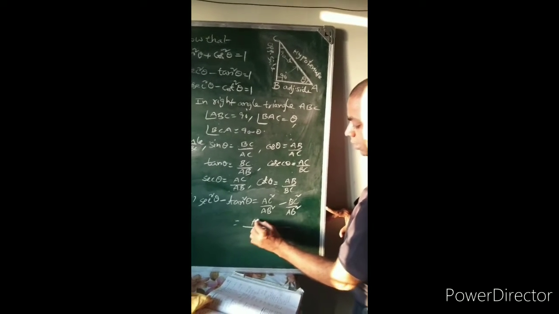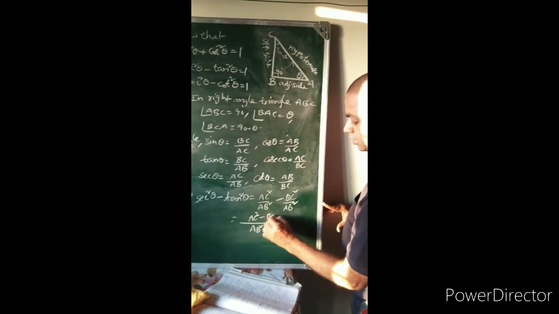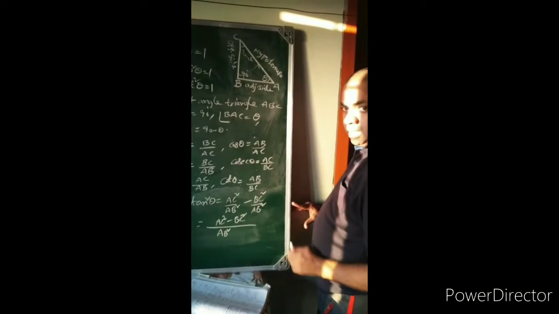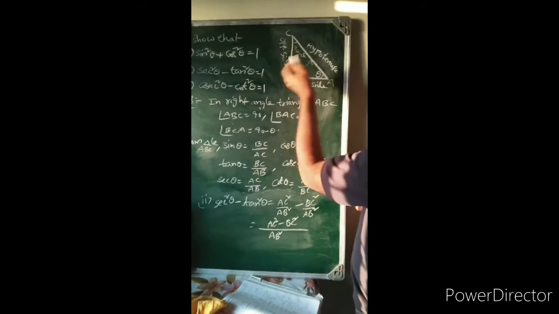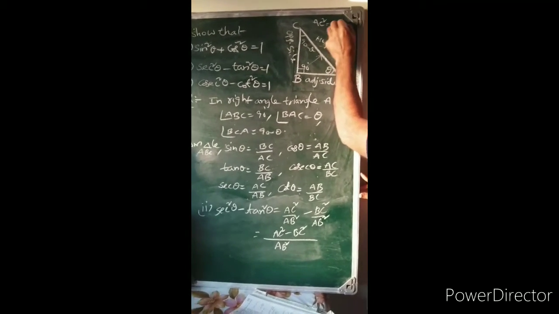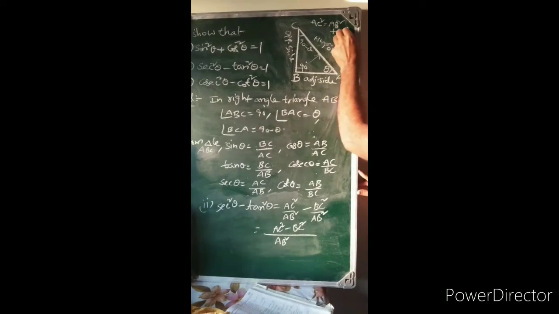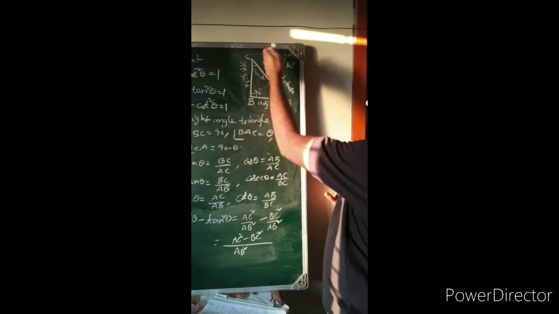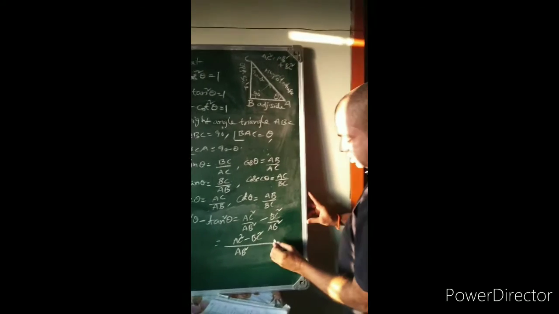Now the numerators you have to write as they are: AC square minus BC square. Why? The denominator is the same, so only the numerators you write. From the Pythagoras statement, AC square is equal to AB square plus BC square. So I need AC square minus BC square, and then exactly you get AB square.